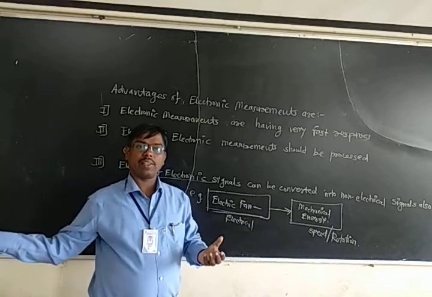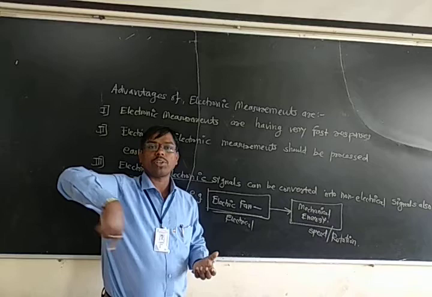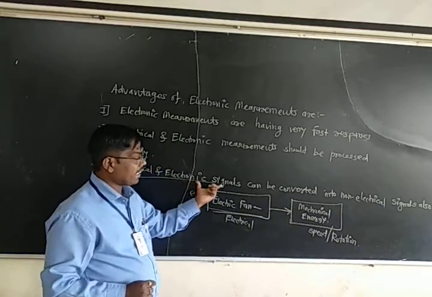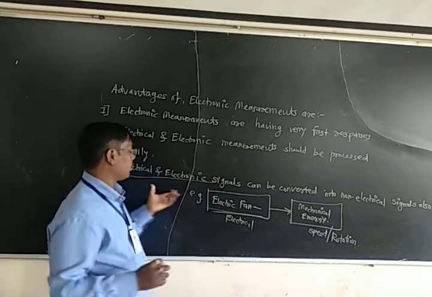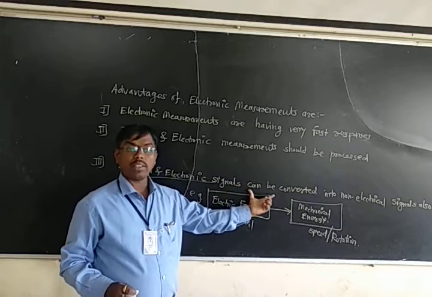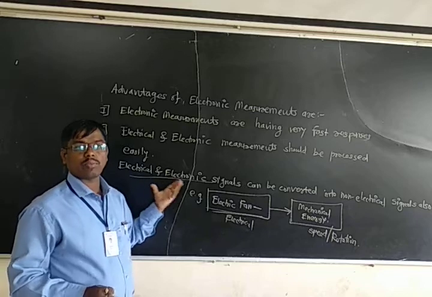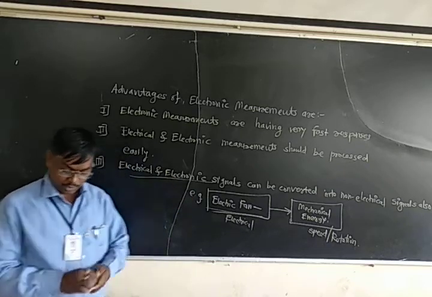The electrical energy is converted into rotational energy with the help of this electronic signal, and that type of advantage is possible only with electrical and electronic signals. It is an added advantage of that particular type of measurement in our measurement system.